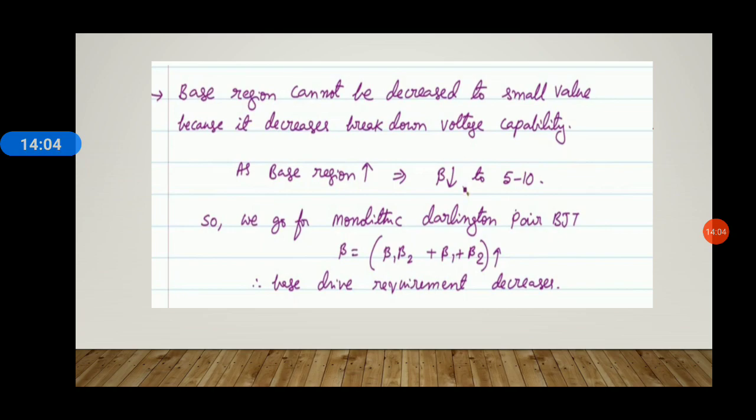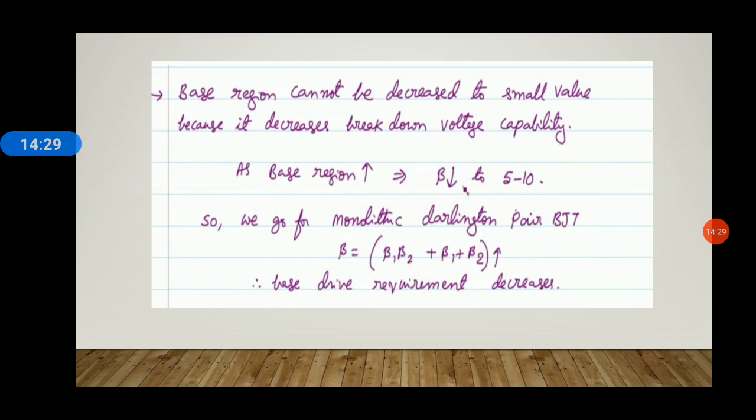Previously, in low power BJT, we had to decrease our base region so that recombination is more, and if recombination was more, beta was increased. But here recombination is less due to the larger base region, so beta is also less, in the range of 5 to 10.